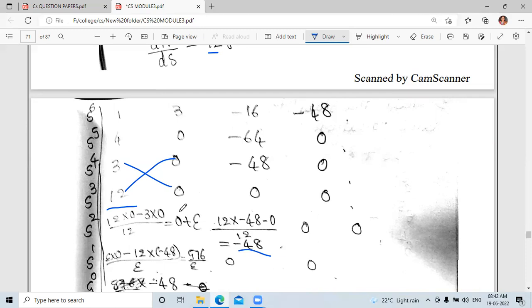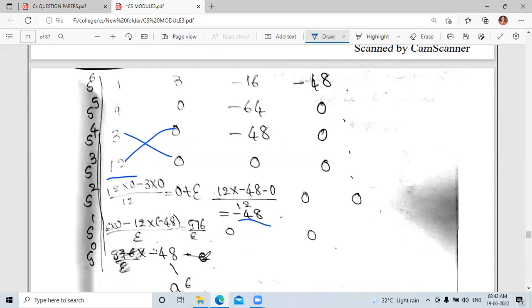So you consider special case 1, that is, you need to add epsilon in the first column. For this, what you'll get is epsilon into 0 minus 12 into 48 minus 48, divided by epsilon. This value is 576 divided by epsilon.